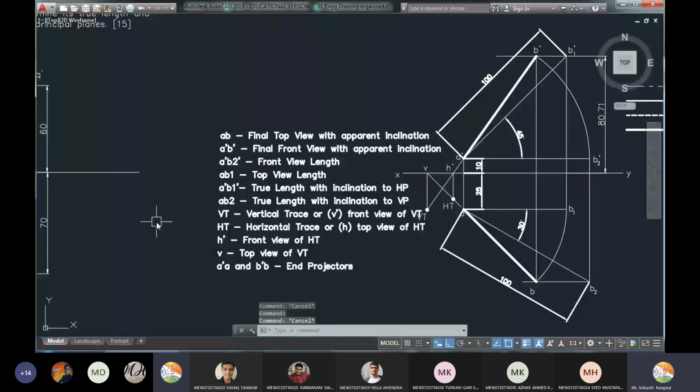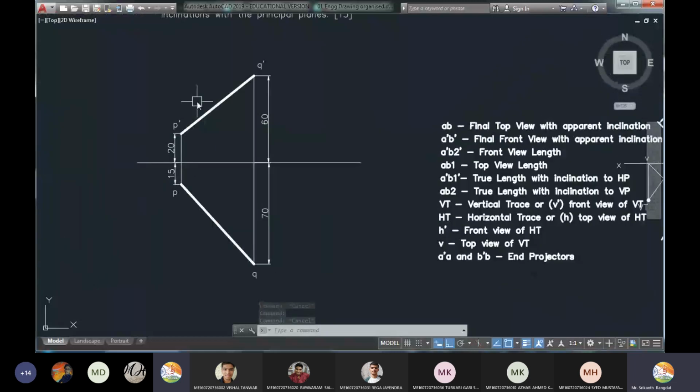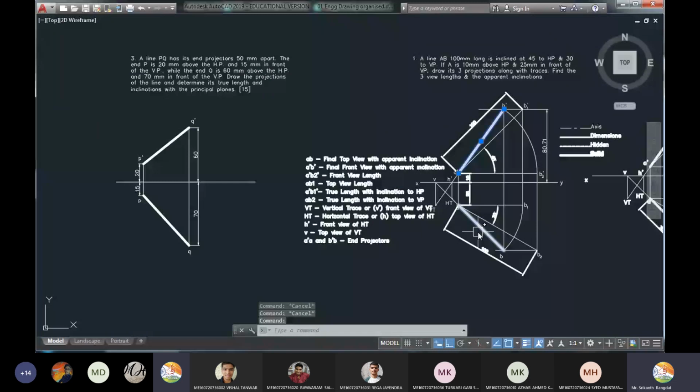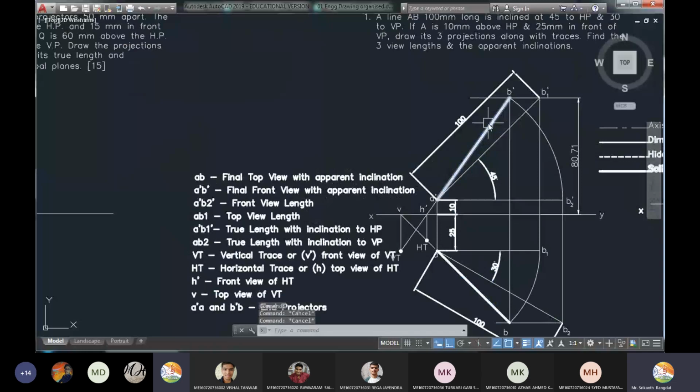Okay. So we have now got the final front view, and we have also got the final top view. So that means we have got this line and we have got this line. Now the remaining construction we have to complete using this data. So how to complete? Watch it here. From this endpoint, if I draw an arc at this intersection, I will get Q2 dash.